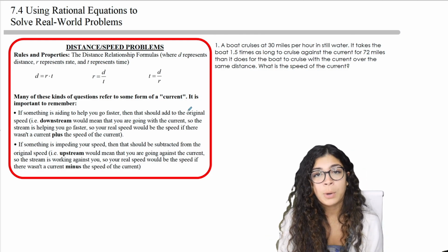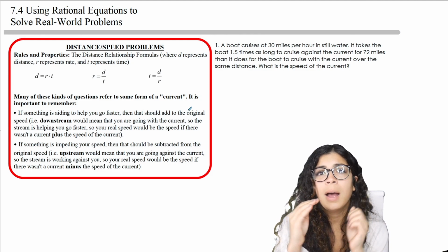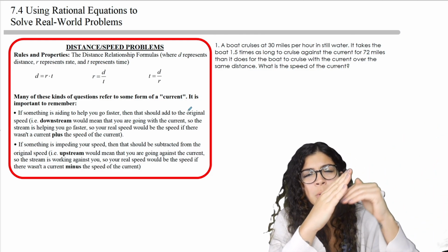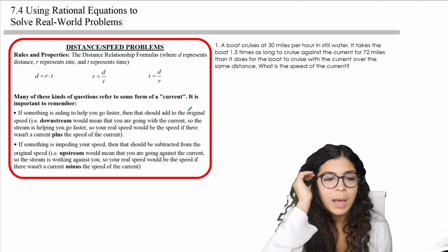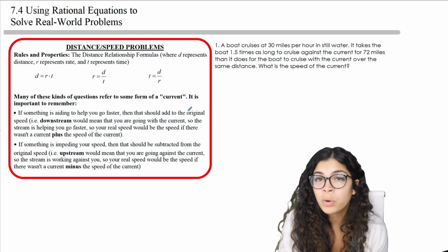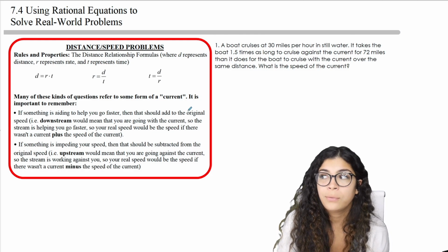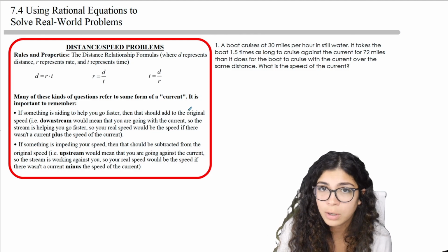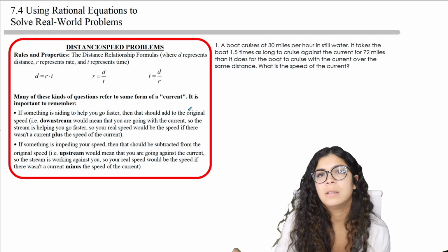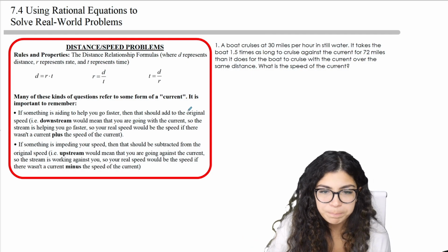So for example, if you were going upstream, then the current is working against you. That means that your real speed would be whatever the speed would be for you if there was no current, minus the speed of the current.